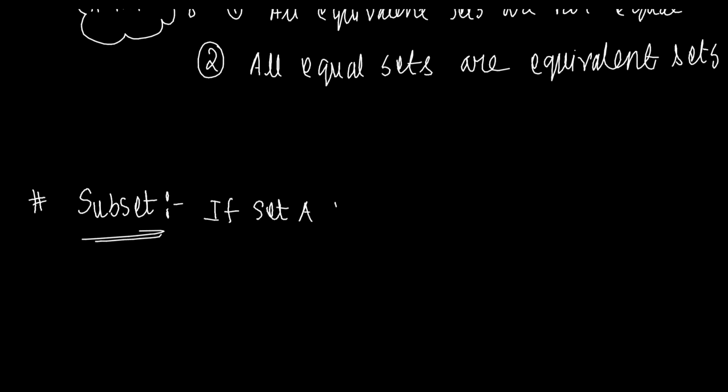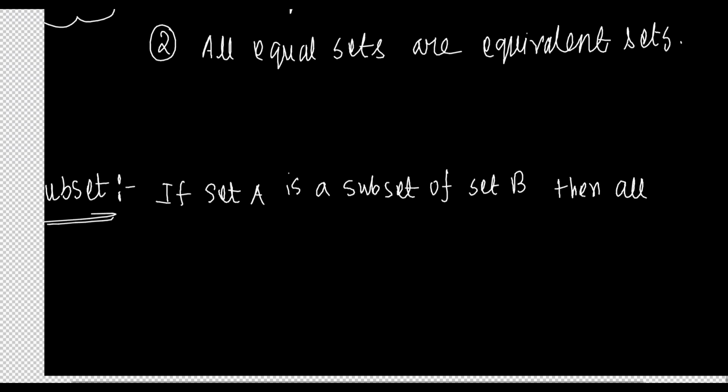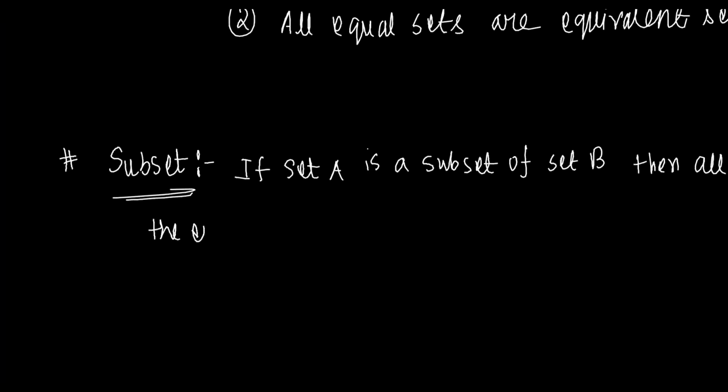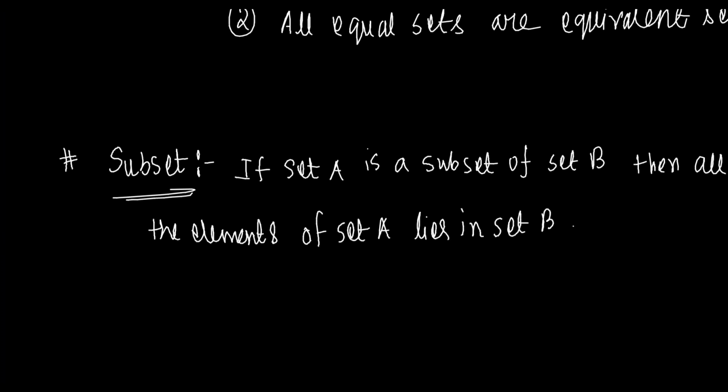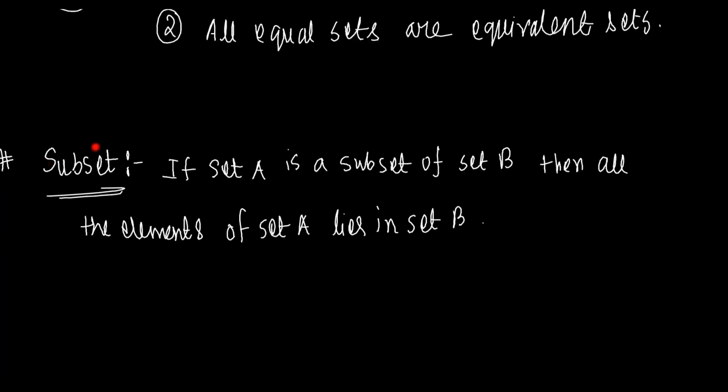If set A is a subset of set B, then all the elements of set A lie in set B. So what it is telling is that if A is a subset of set B, then all the elements of set A will lie in set B.